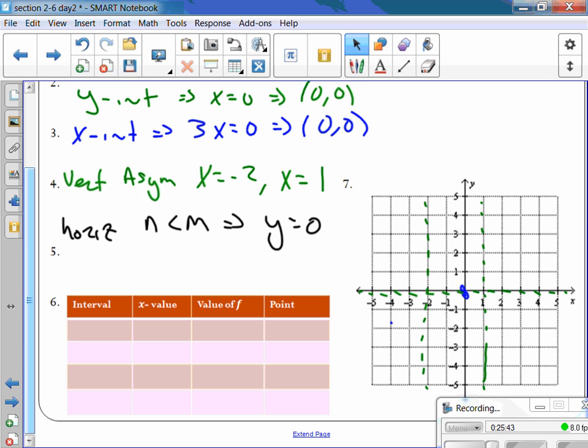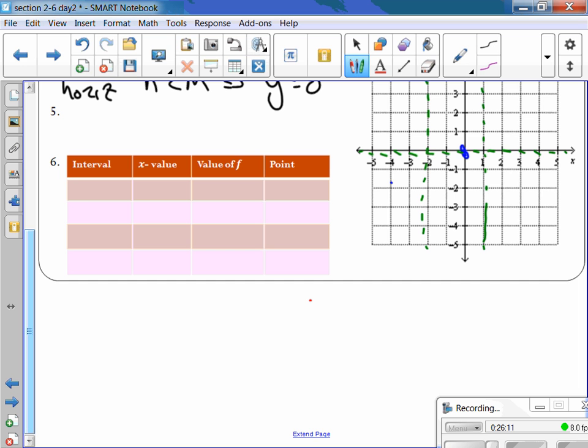My x-intercept, we know that's at 0. I have one at -2 and one at 1, so I have 3 points. I'm going to have how many intervals? 4 intervals. Using my -2, 1, and 0. So I have from -infinity to -2, -2 to 0, 0 to 1, 1 to infinity, absolutely. And then coming up with some points.